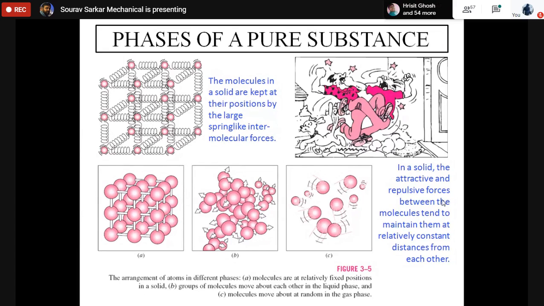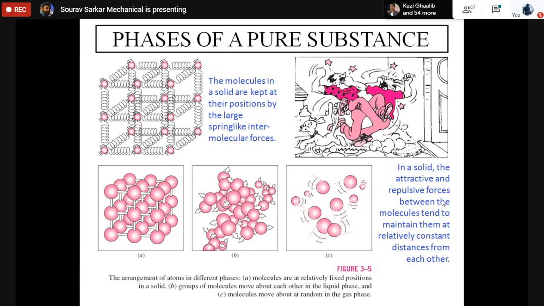What is that? Phase is basically defining a kind of state, like a state of a system. And a phase is identified as having a distinct molecular arrangement that is homogeneous throughout, and from other phases it can be easily identified by a separating boundary. Suppose you have a container in which some water is boiling.